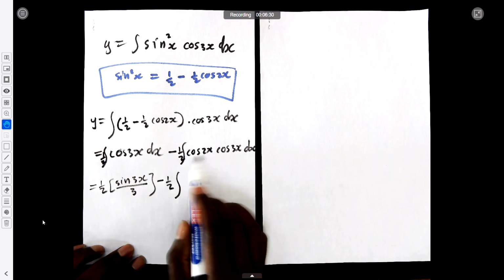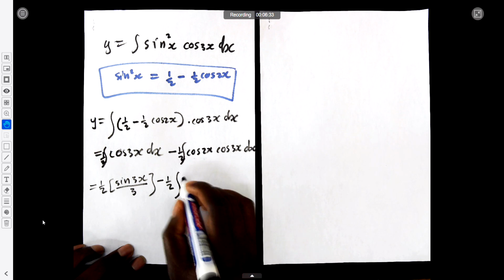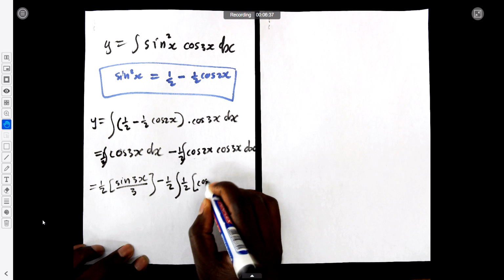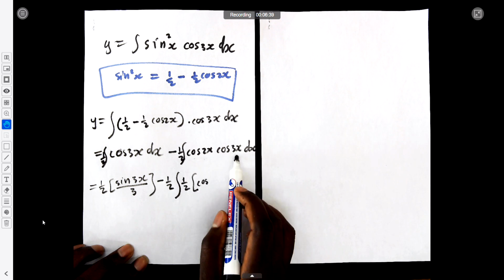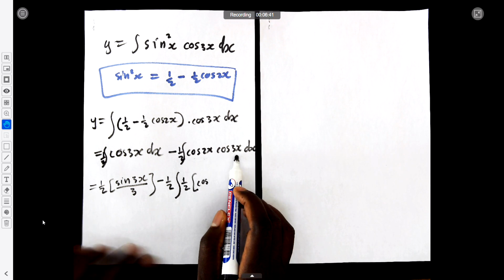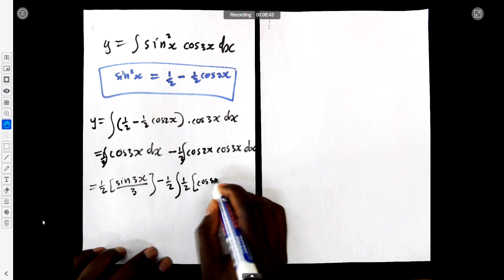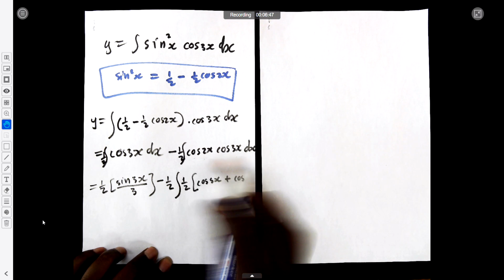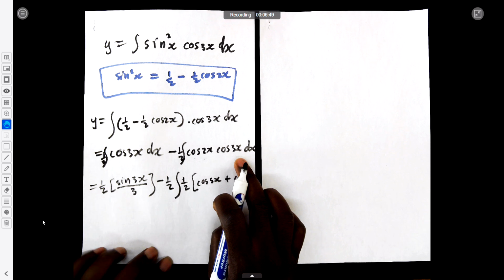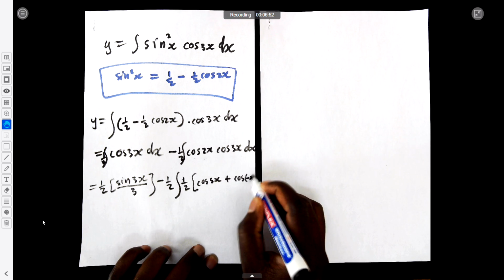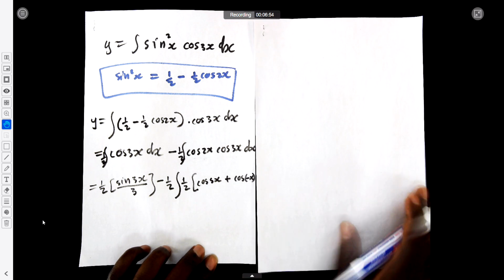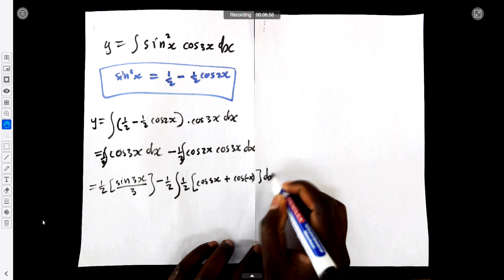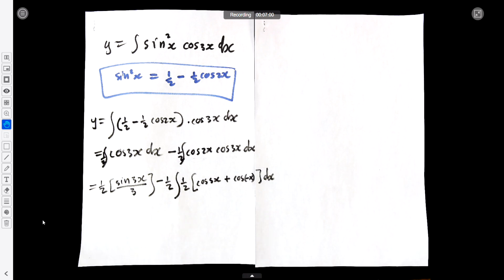According to the identity, if we replace this, it is 1 over 2 into cos of 2x plus 3x, which is 5x, plus cos of 2x minus 3x. So it will be minus x, isn't it? Close the bracket, dx. The brackets are very important.